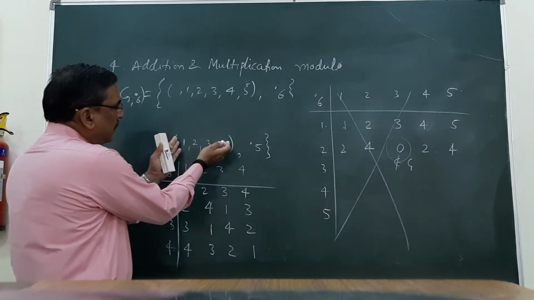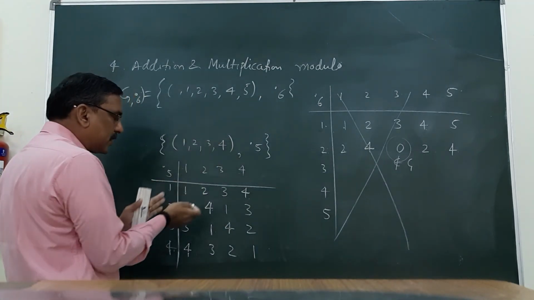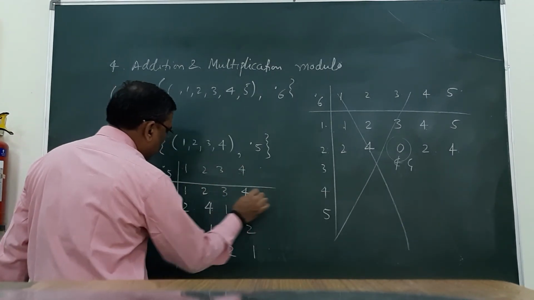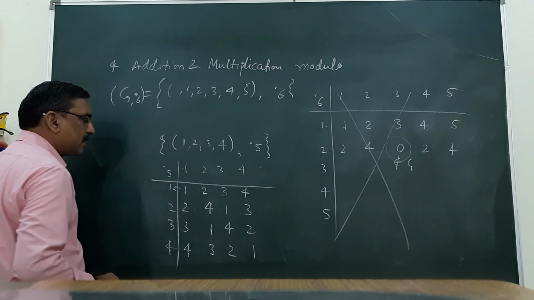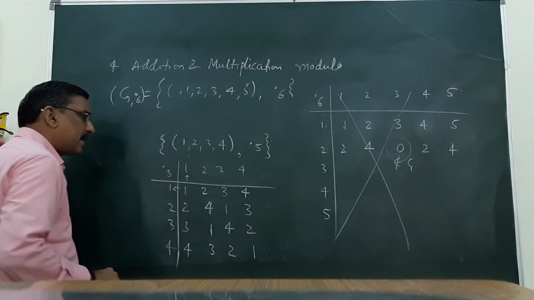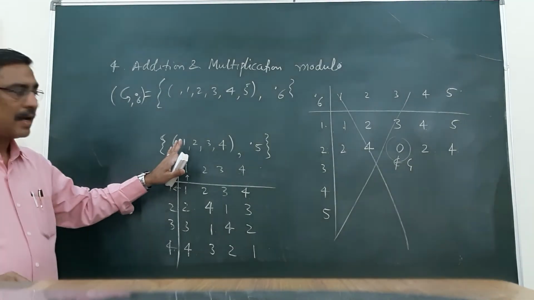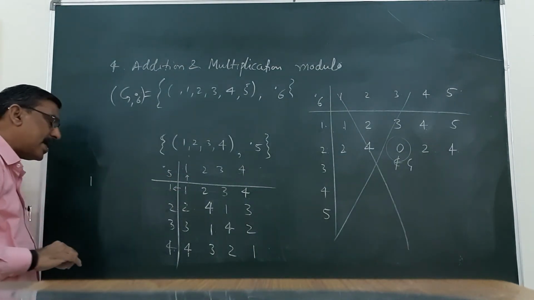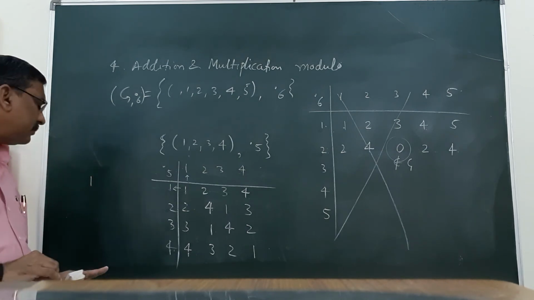The associative property holds in numbers, integers already. Since this row matches with this row, the left identity exists. This column matches with this column, so the right identity exists, and left and right are both equal. So identity exists, and 1 is the identity for this set.